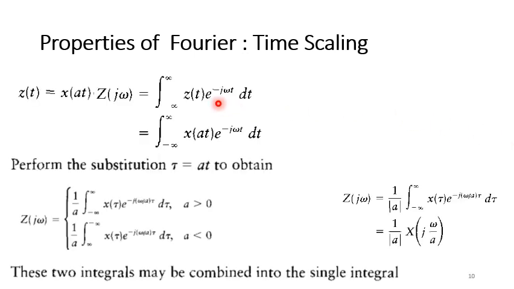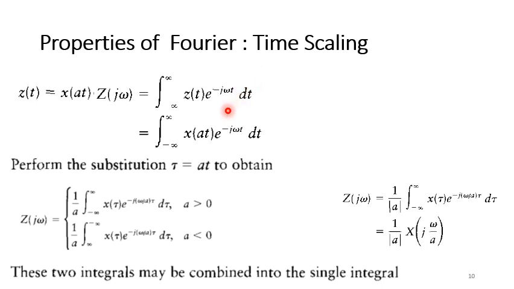Let's consider one more property, that is time scaling. Time scaling is scaling the signal by a factor. I think we have done this in the first chapter, and we proved it there.